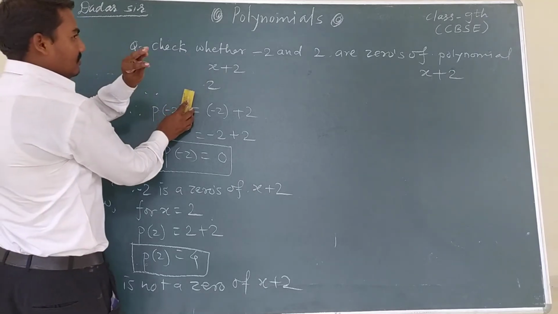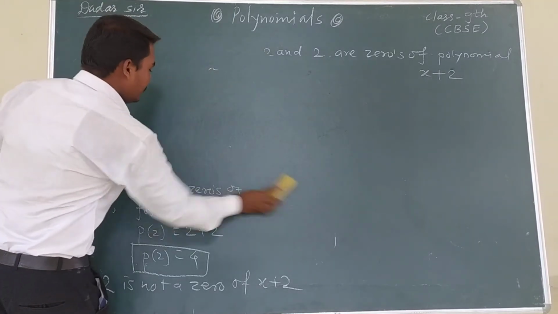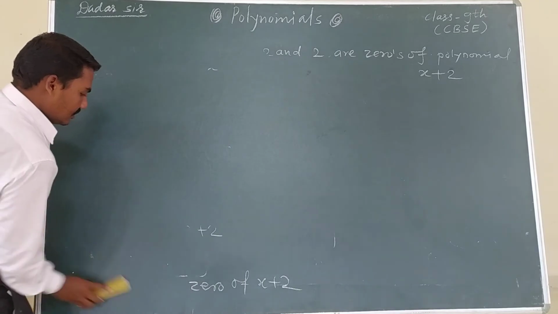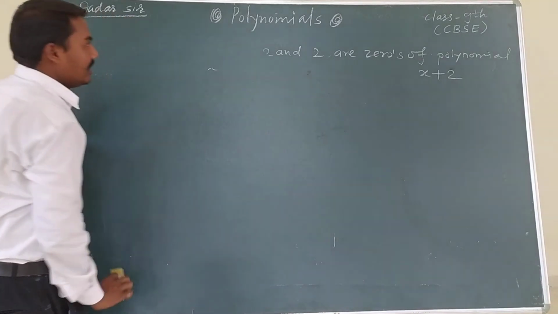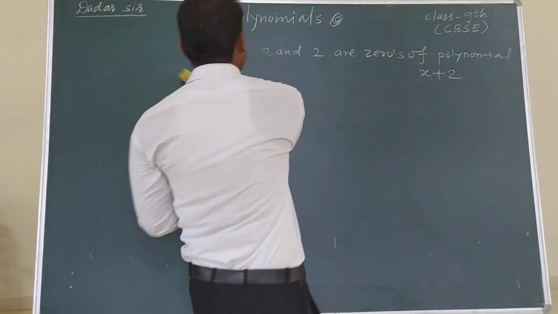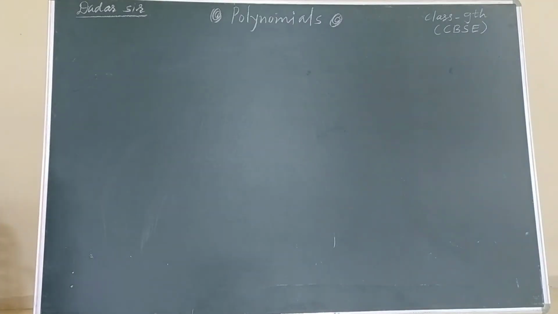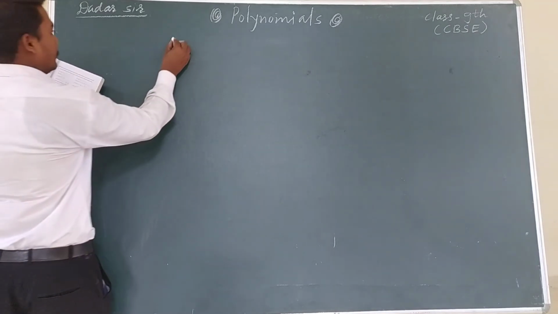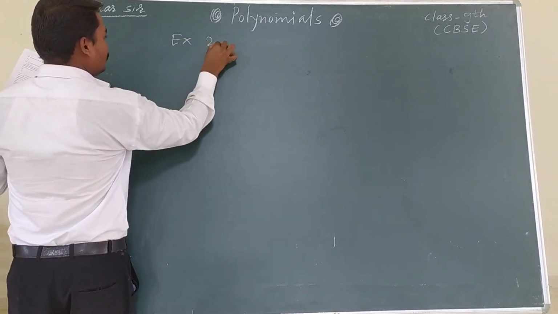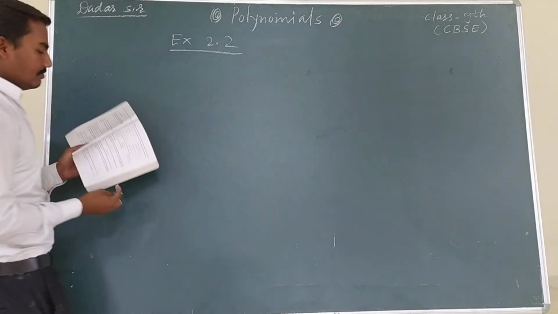Now see, the next point we have to see is some basic numericals under exercise 2.2. Exercise 2.1 we have already seen. Now see some numericals under exercise 2.2. In that we have to see some basic numericals.